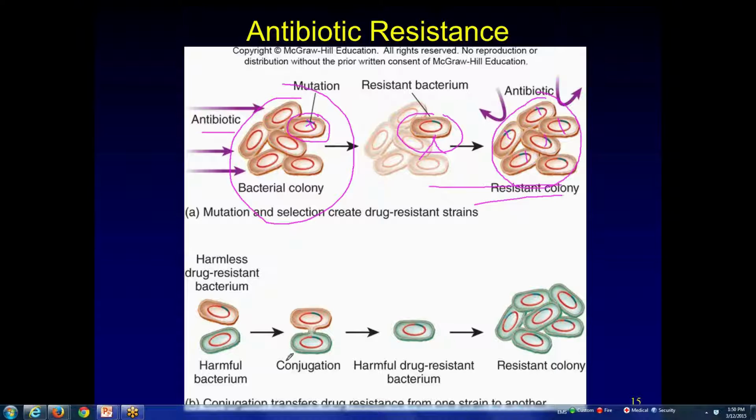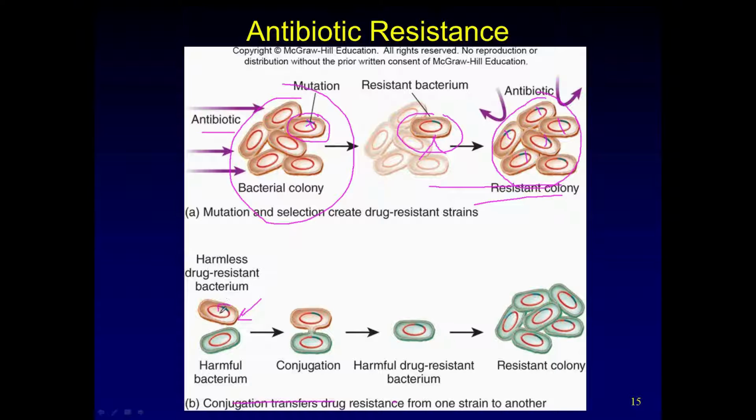How about this other way? Conjugation is a way to transfer drug resistance. So bacteria can actually share their special genes with others. So this bacterium right here has the gene for antibiotic resistance. It gives its neighboring bacterial partner here the gene through the process of conjugation. Now we have a harmful drug-resistant bacterium, and we will result in a resistant colony.